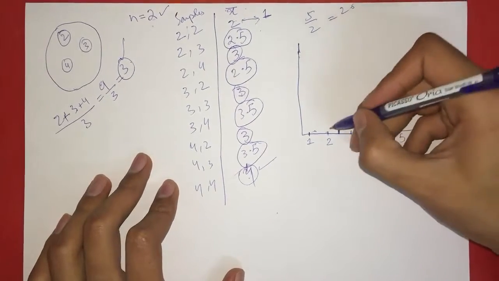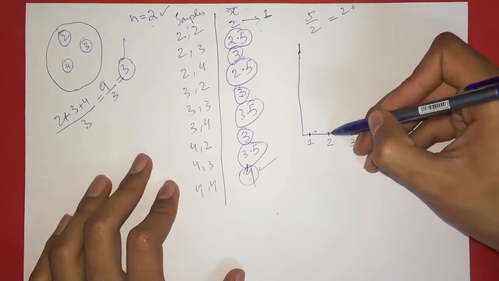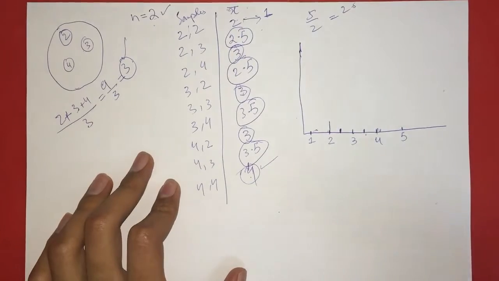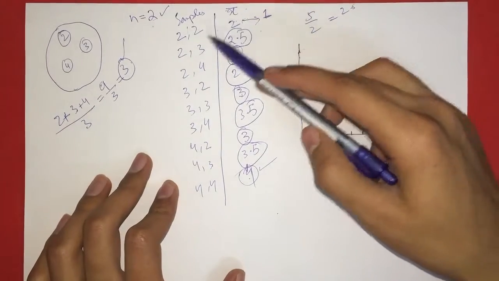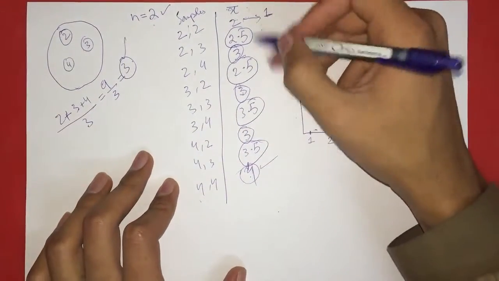So that means that 2 is just once. The total number of outcomes is 1, 2, 3, 4, 5, 6, 7, 8, 9. So we have 9 total outcomes.